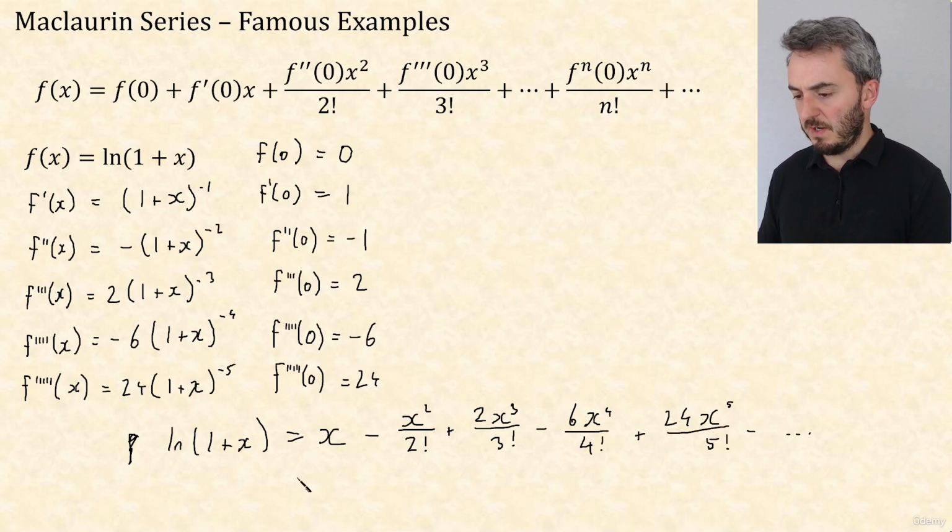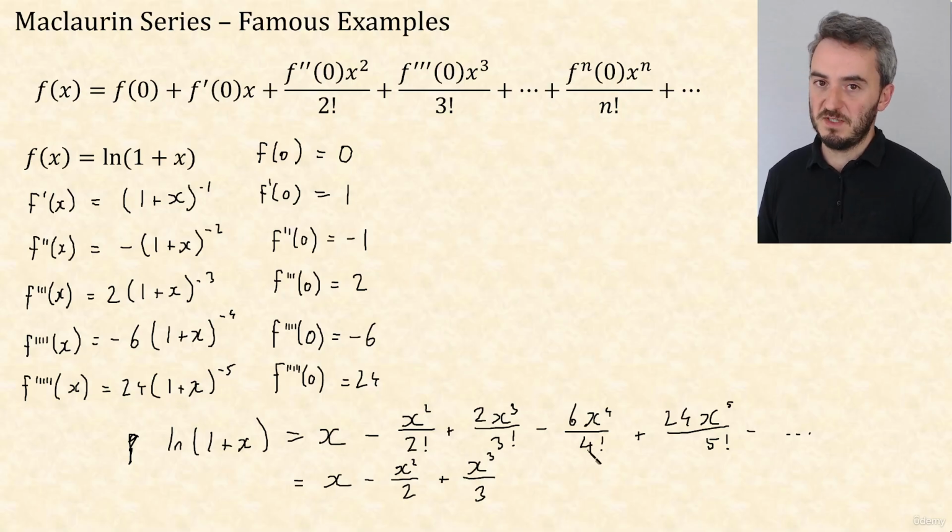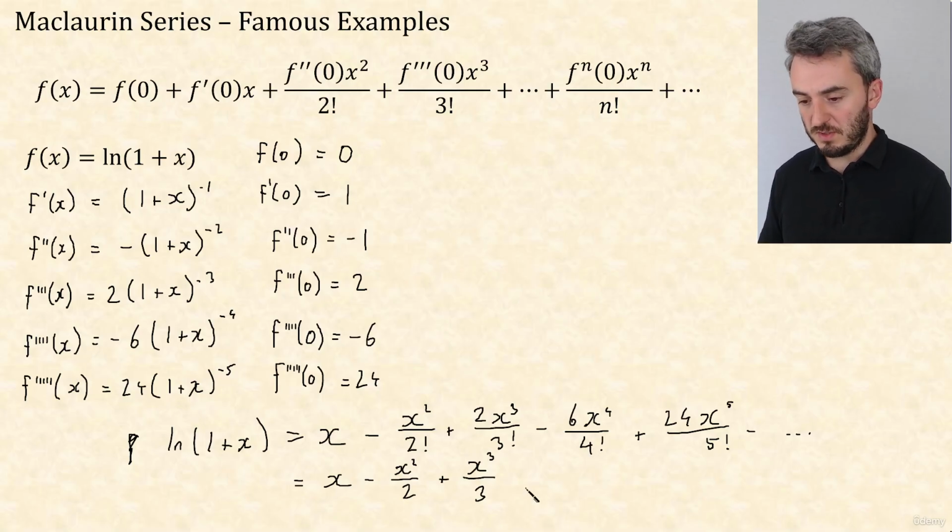Now, can we simplify that? Well, we can, because look, this one's fine, x squared over 2. But what is 3 factorial? It's 6. And 2 over 6 is a third. So that's plus x cubed over 3. And what is 4 factorial? It's 24. And 6 over 24 is a quarter.